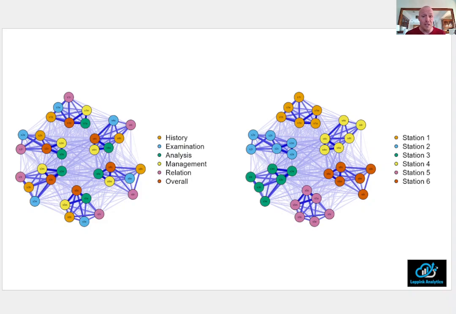To start, reliability coefficients per station will be higher than reliability coefficients per aspect or domain. You will get better values per station because of the higher intercorrelation within station.